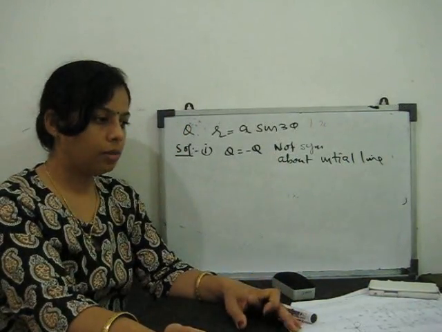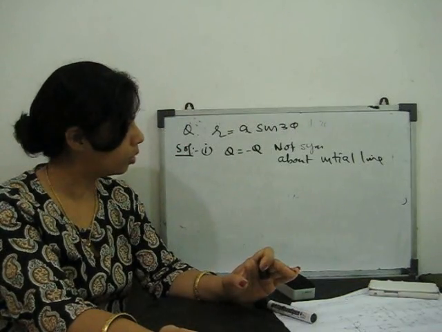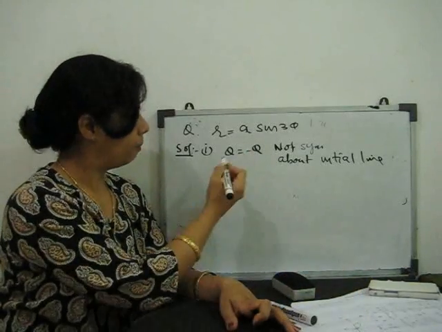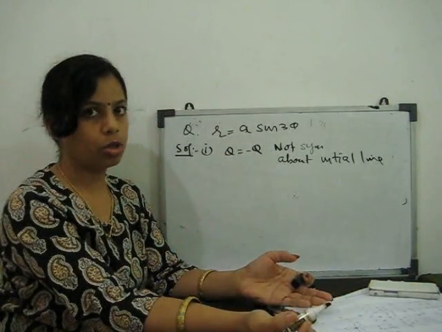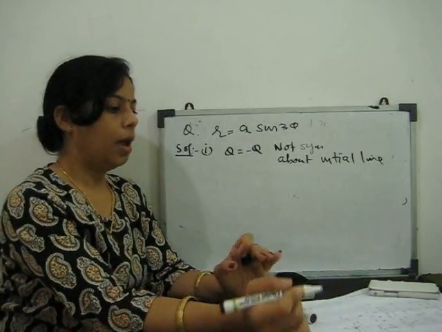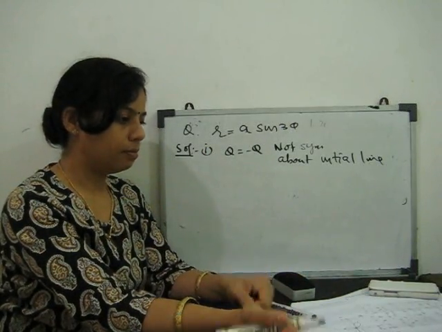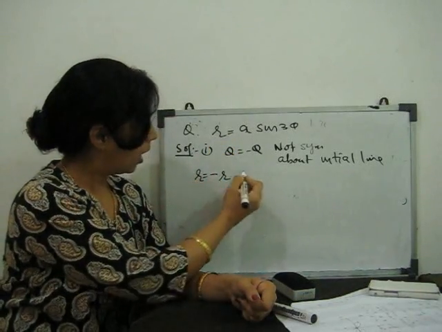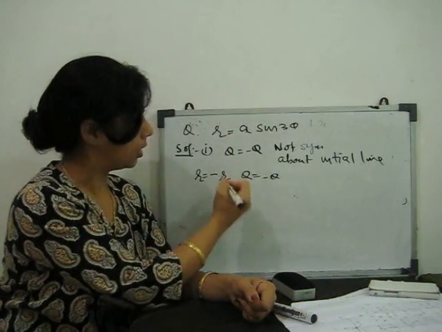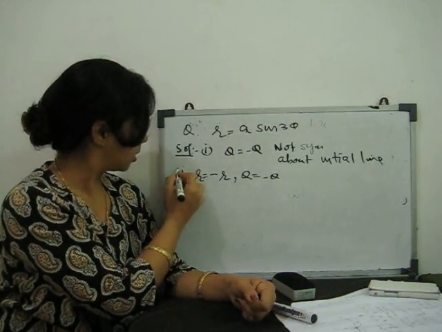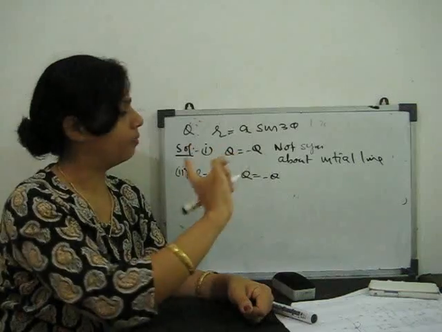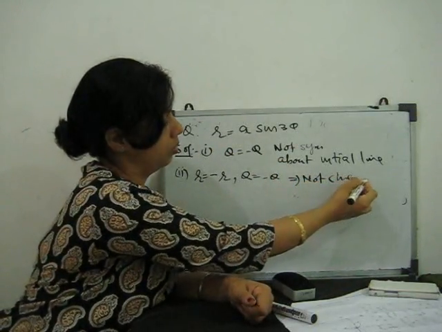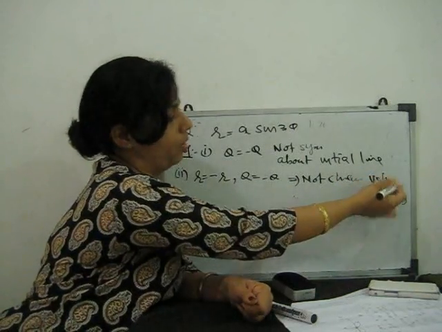Second, if we put r equal to minus r, it is also not symmetric about its pole. And if we put r equal to minus r and theta equal to minus theta both simultaneously, then the curve will not change its value.